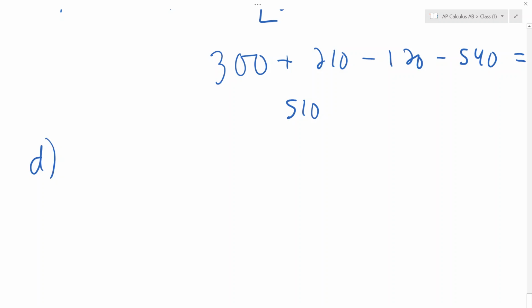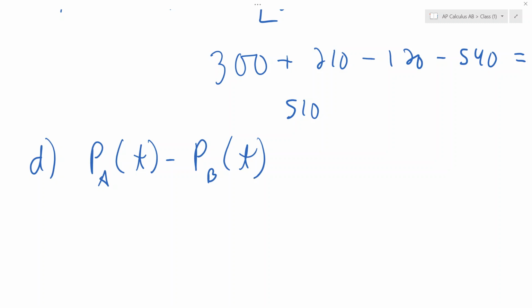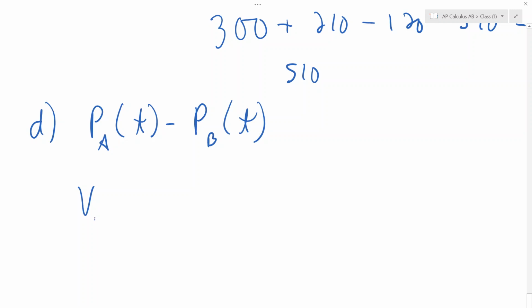Between train A and train B should just be the position of train A minus the position of train B, true? That's the distance between them, which means the rate of change of the distance between them is just V of A minus V of B.